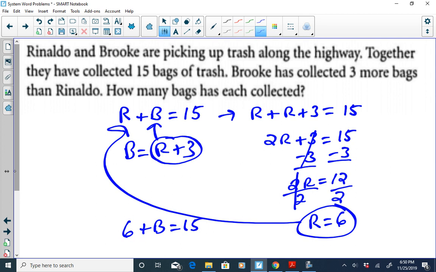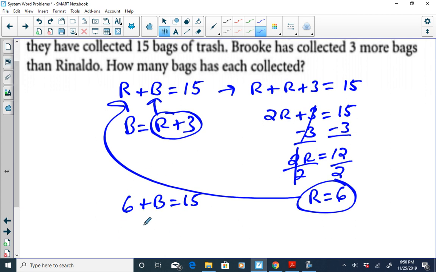So that means B has to be 9. So, how many bags has each collected? Brooke has 9 bags. Ronaldo has 6 bags.